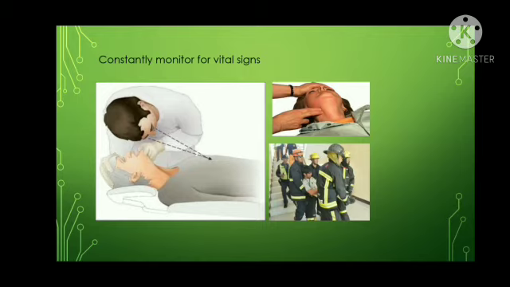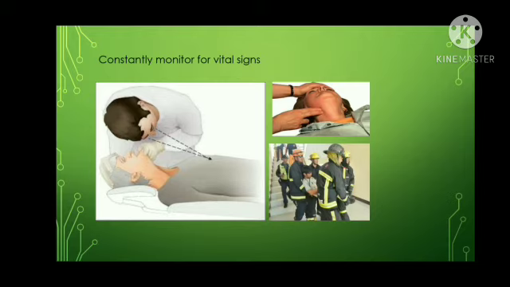Next, constantly monitor vital signs. In terms of emergency rescue operations, if there are signs of exhaustion, the search and rescue operation schedule should be adjusted or the personnel rotated, and if possible, additional people should be brought in.